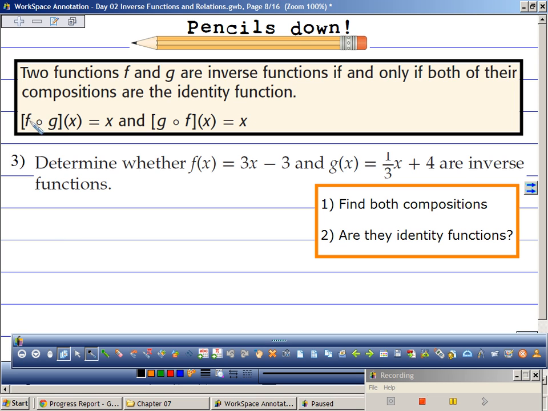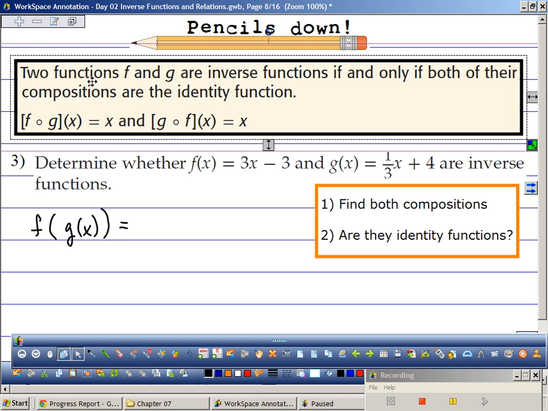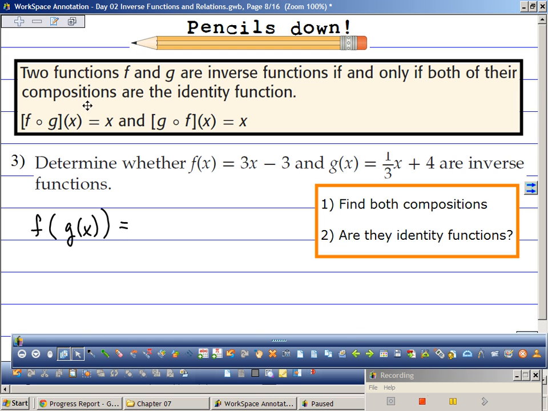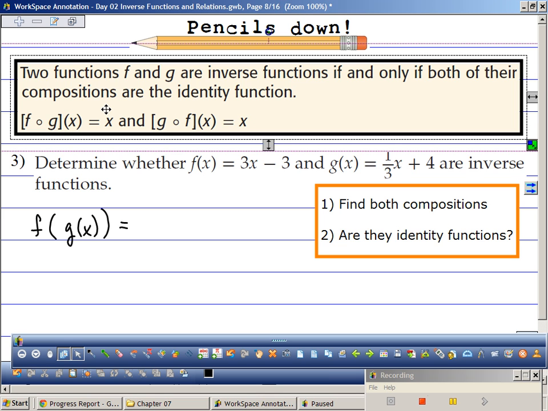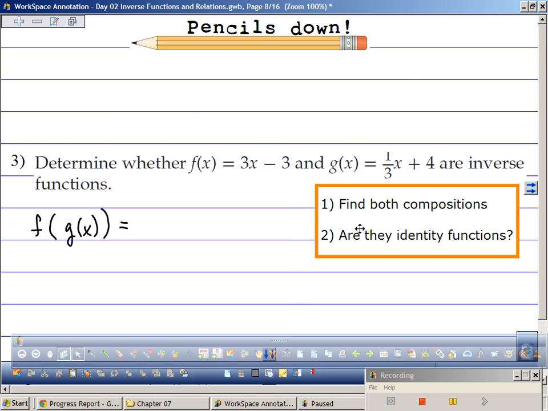So the composition of f of g would be f of g of x. And the other composition, I'm just going to get rid of this and put this on top.